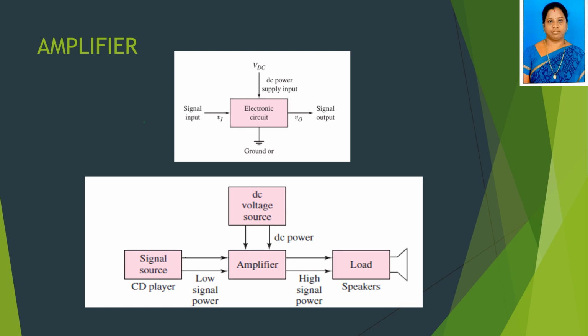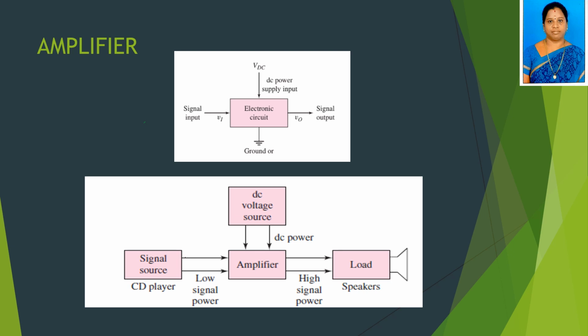Why am I mentioning the superposition principle here? See here, this block diagram shows that it requires a signal source and a DC voltage source. So we need multiple sources. If you have multiple sources, the analysis is complex. So we can use the superposition principle here.